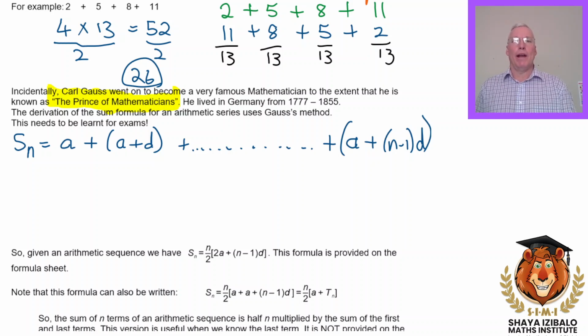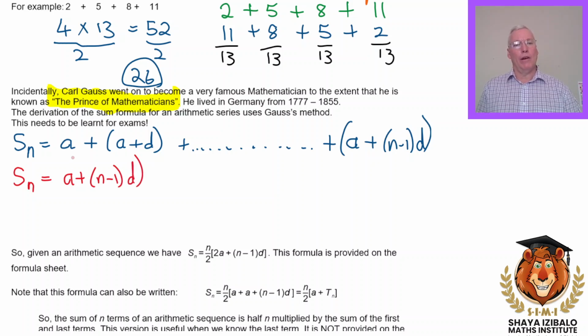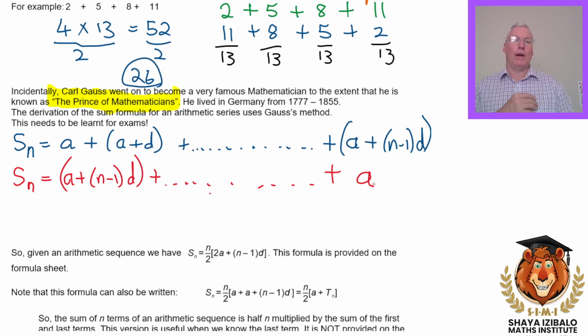Underneath, we're going to write them backwards, just like Carl Friedrich Gauss did. So this is still Sn, but now this one is going to be the last one, a plus n minus 1 lots of d. That's the last term. And then the second last term, and so on, down to a. I've just written them down the other way around.